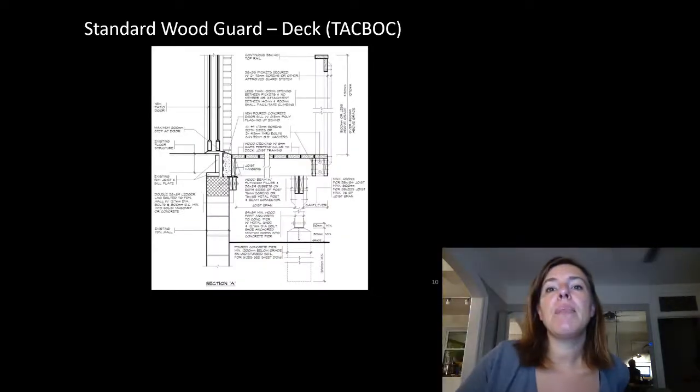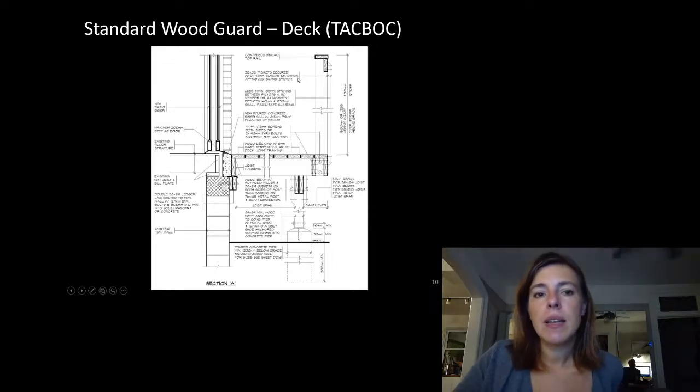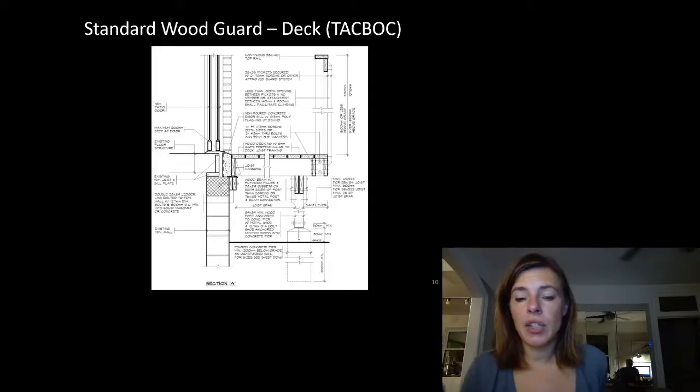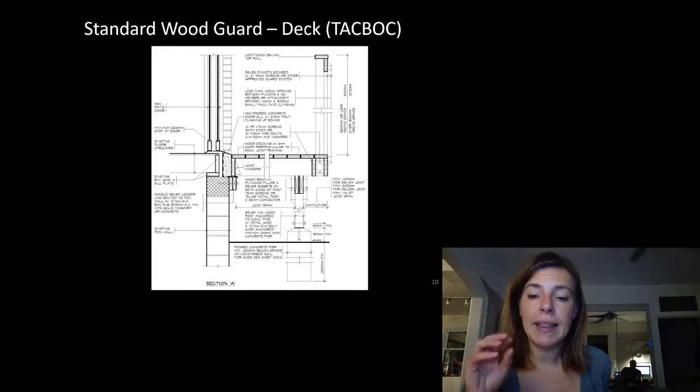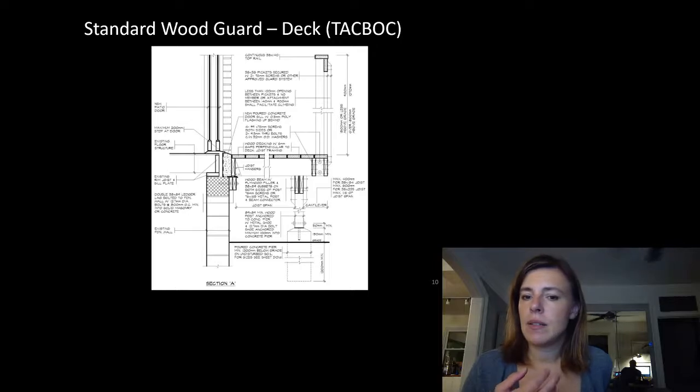Here is a basic deck guard built into some other stuff. This is from the TACBOC details, which are basically, if you want to build it and you don't want an engineer, you can look at these details and it will give you ways to build things for a house. It doesn't deal with all things, but it will help you avoid the cost of an engineer.